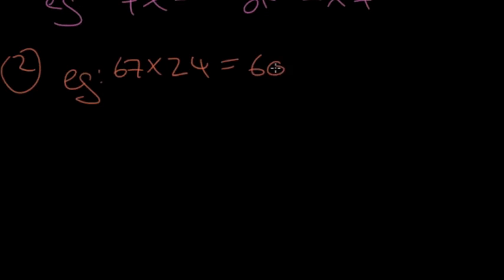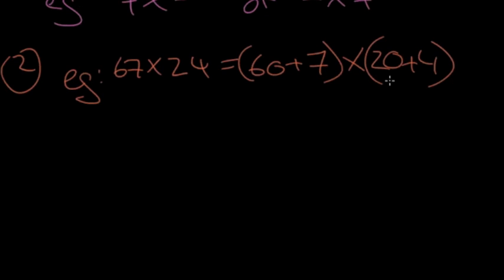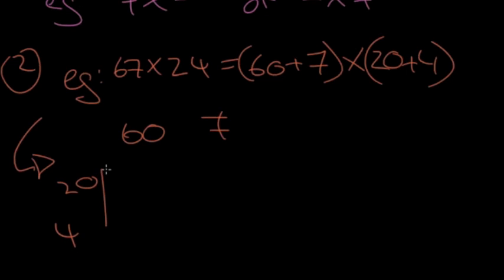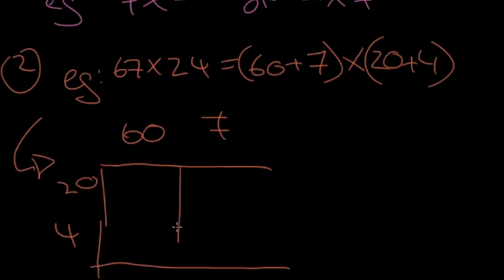We could think about it as 60 plus 7 times 20 plus 4, right? And now we can put this into an array as follows. We can take our 60 and our 7, now 20 and our 4, and build a box, a multiplication box or an array in which to do this problem.